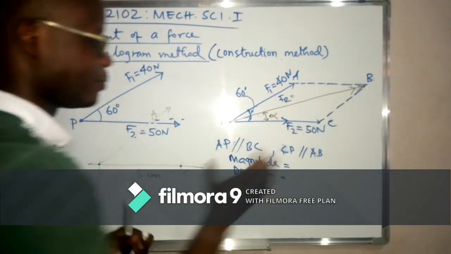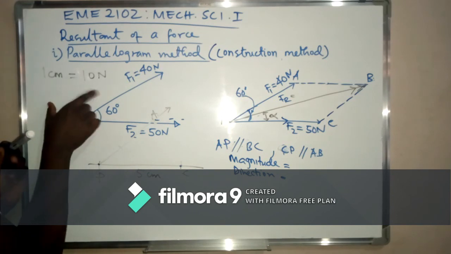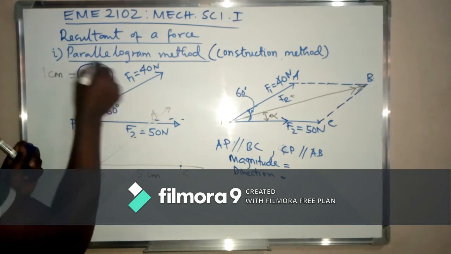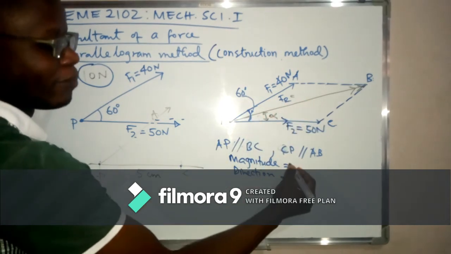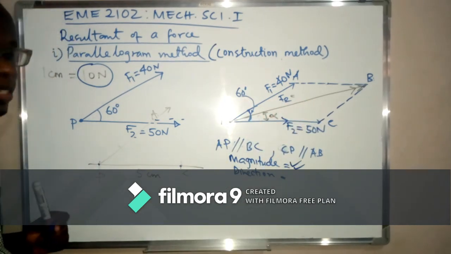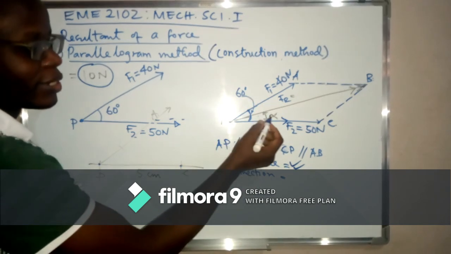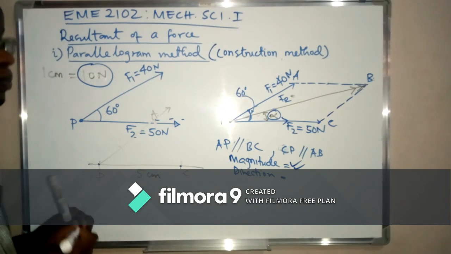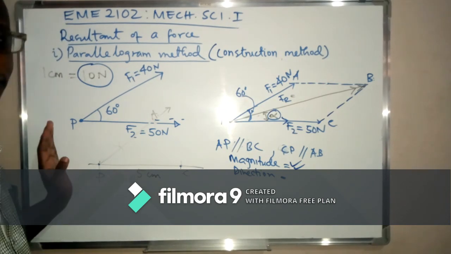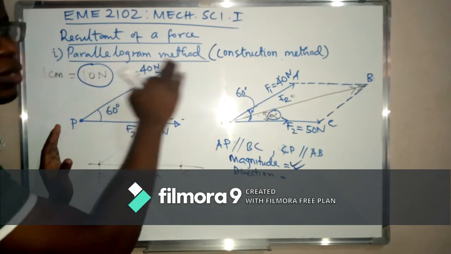You measure that, then go to your ruler, and using this scale you convert it back to force. With that you'll be able to get the magnitude of the resultant force. And how do you get the direction? You use your protractor to measure this angle alpha. So that is how we get the resultant of two forces using the parallelogram method.